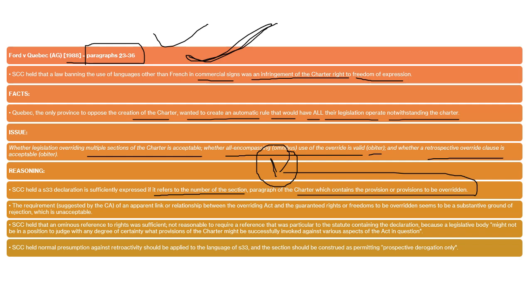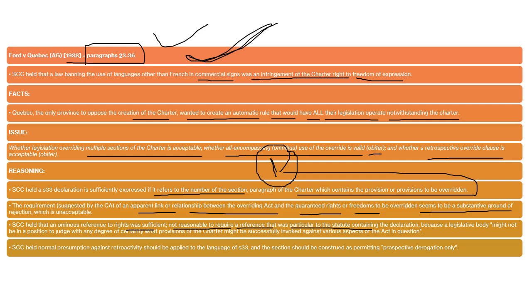The requirement suggested by the Court of Appeal of an apparent link or relationship between the overriding act and the granted right or freedom to be overridden seems to be a substantive ground of rejection, which is unacceptable. The Supreme Court of Canada held that a omnibus reference to rights was sufficient. It is not reasonable to require a reference particular to the statute containing the declaration, because a legislative body might not be in a position to judge with any degree of certainty what provision of the Charter might be successfully invoked.